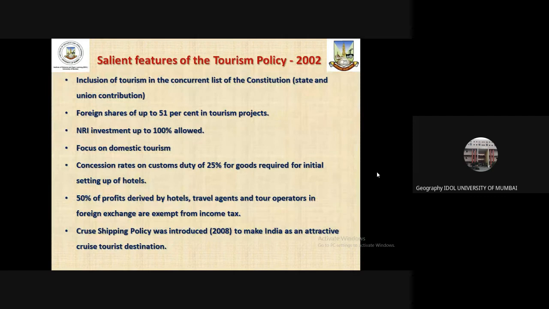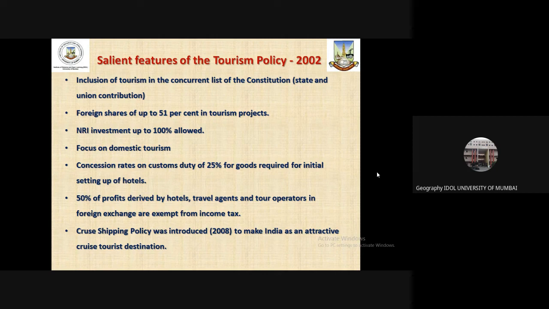Some of the salient features of tourism policy 2002: inclusion of tourism in the concurrent list of the constitution. Foreign shares are allowed up to 51% in tourism projects. NRI investment is allowed up to 100%.